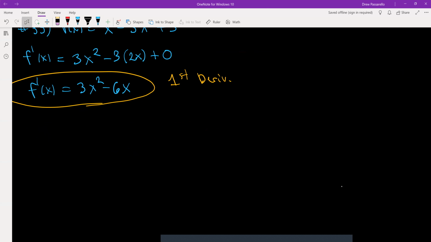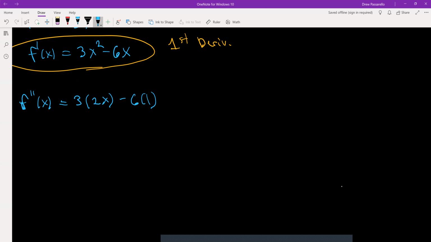The second derivative, f double prime of x. So again, I'm doing power rules, so it'd be 3 times 2x, and then minus 6 times 1 because the derivative of x is 1.